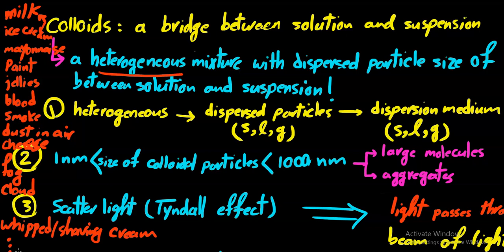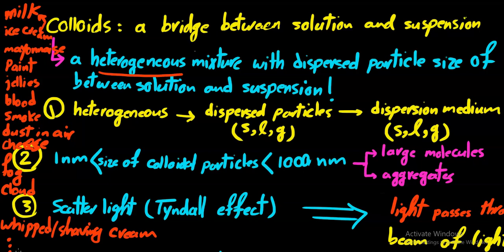Colloids are a bridge between solutions and suspensions. As you can remember, I said suspensions' characteristics are completely in contrast with the characteristics of solutions. How about colloids? Colloids are a kind of mixture which is exactly in between solutions and suspensions.